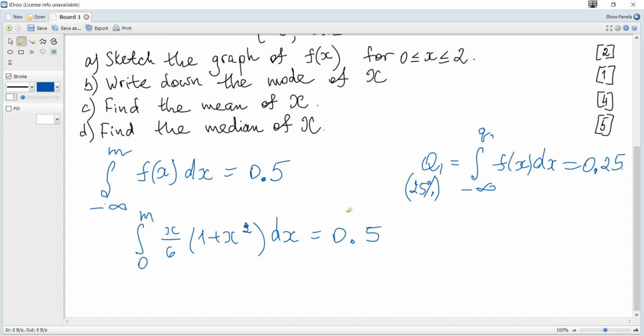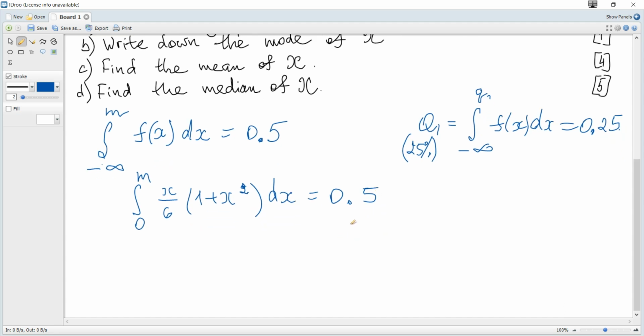If it's a problem without a calculator, you just calculate this integral, substitute the limits, get an equation, and solve for m. But if it's with the calculator, we cannot solve it directly using an equation on a calculator.